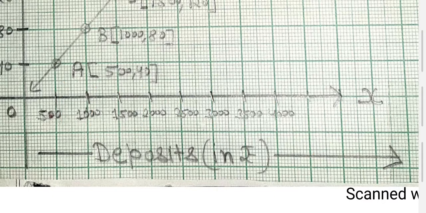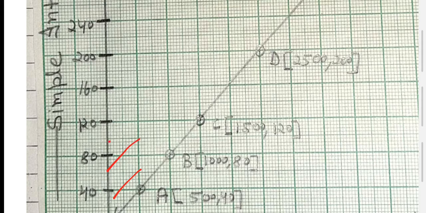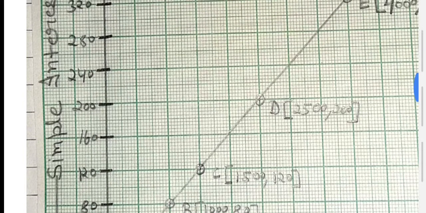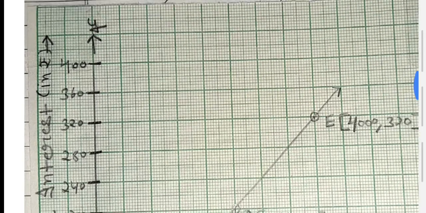And on the y-axis we start from 40, so write 40, then 80, then 120. There is a gap of 40 everywhere. So you have to reach up to 360 and 400. This one represents the y-axis, and this one represents the x-axis.